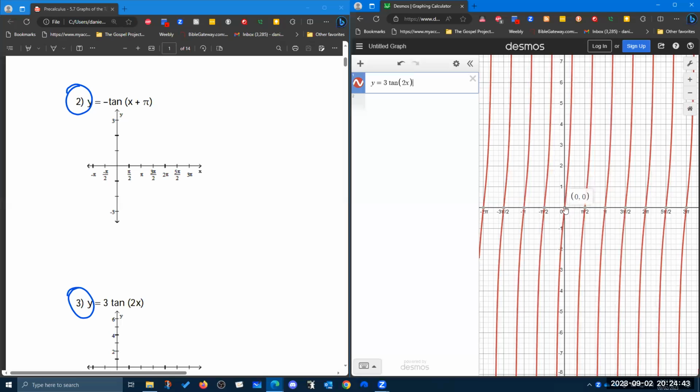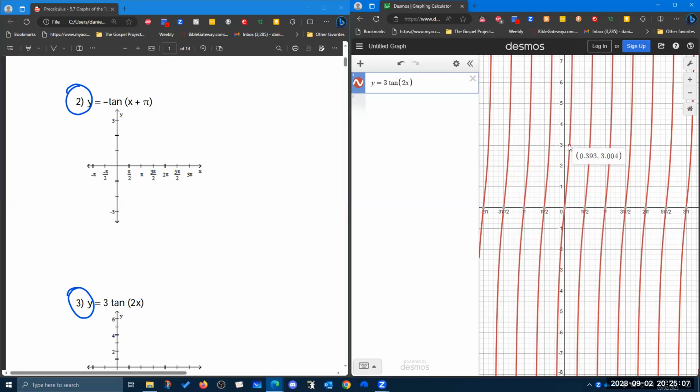That puts the asymptote at odd multiples of pi over 4. And that puts my characteristic points that had the same value as the multiplier at pi over 8 and negative pi over 8.